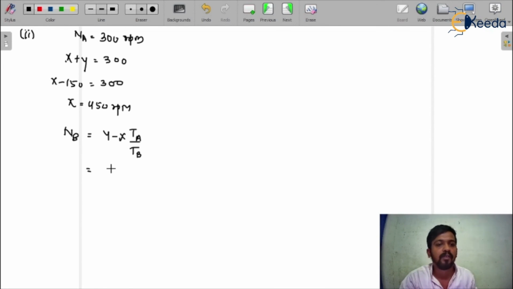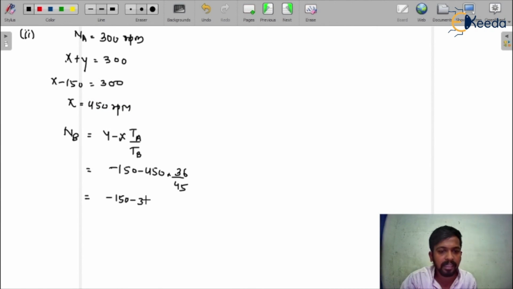Are you getting my point? y is minus 150, x is 450, multiplied by Ta, which is 36, and Tb, which is 45. So that would be minus 150 and minus 360, and you will get minus 510 rpm. That would be the speed of the gear B.